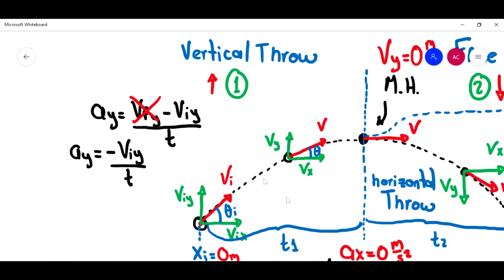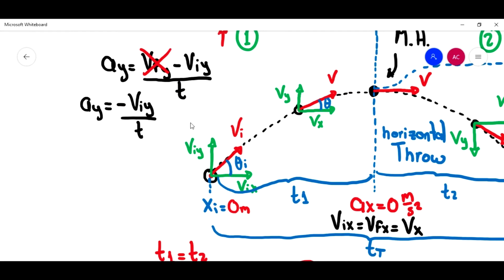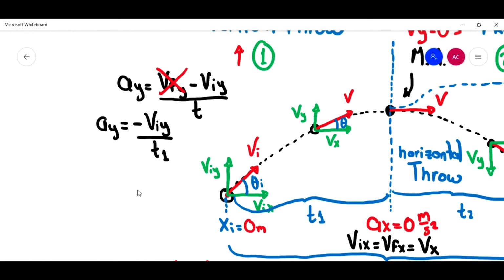But what time? That time is the time it takes the object to go from this point to reach the maximum height, so in that case it's going to be time 1. From this equation: do I have acceleration in y?